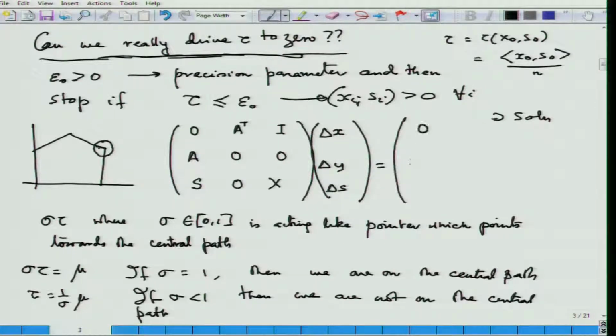This is equal to, of course, 0 0, because our points are all coming from, my starting point also being an interior point, x naught, s naught, y naught belonging to F naught, the interiority condition holds.